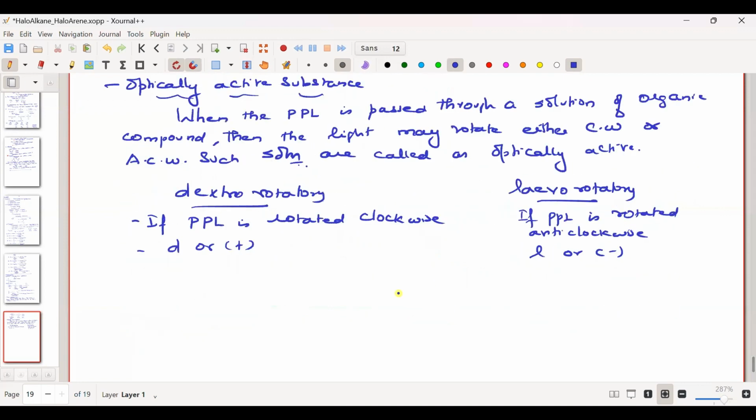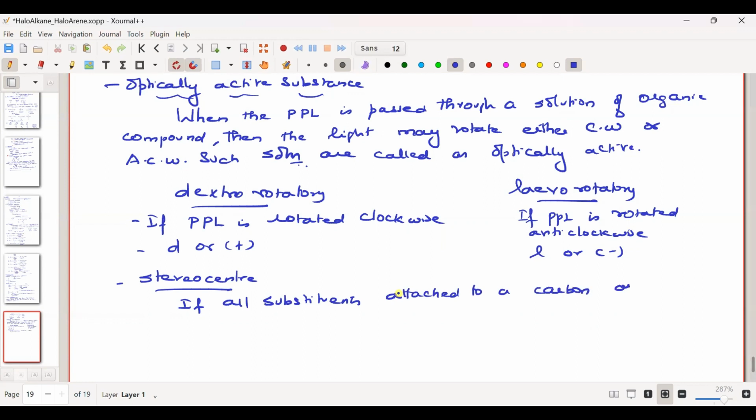Then another definition which is known as stereo center. Okay. Stereo center is another. If all substituents attached to a carbon are different, then the carbon is called as, okay, நிறைய terms இருக்கு.